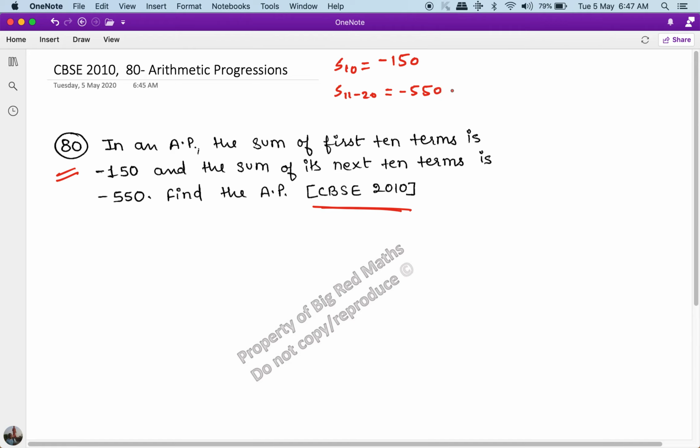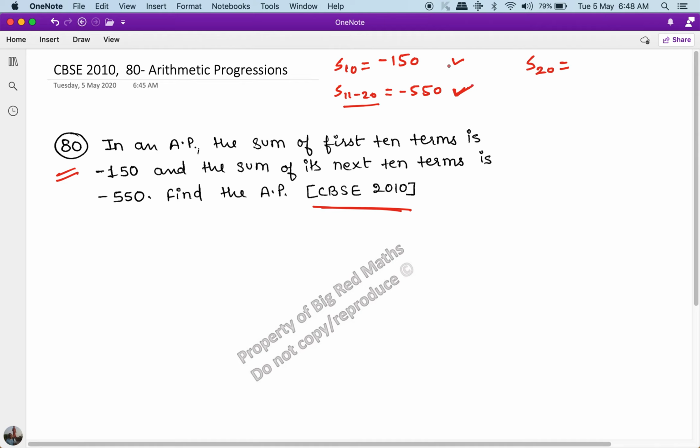Now we do not have a formula to work with the sum of some terms in the middle. We only know the formula to work with the first n terms. So if S of 10 is minus 150 and the 11 to 20 sum is minus 550, I can say that S of 20, which is the sum of the first 20 terms, is the sum of this plus the sum of this.